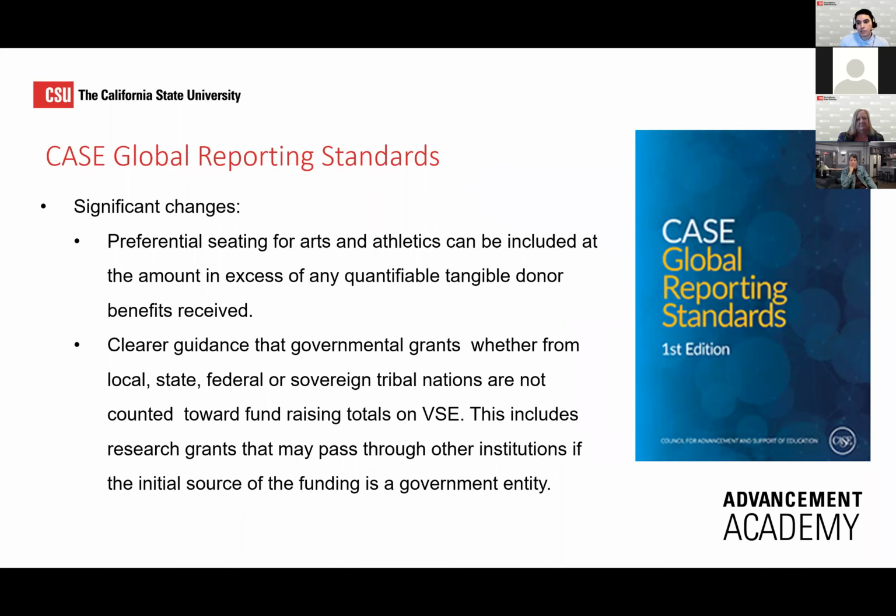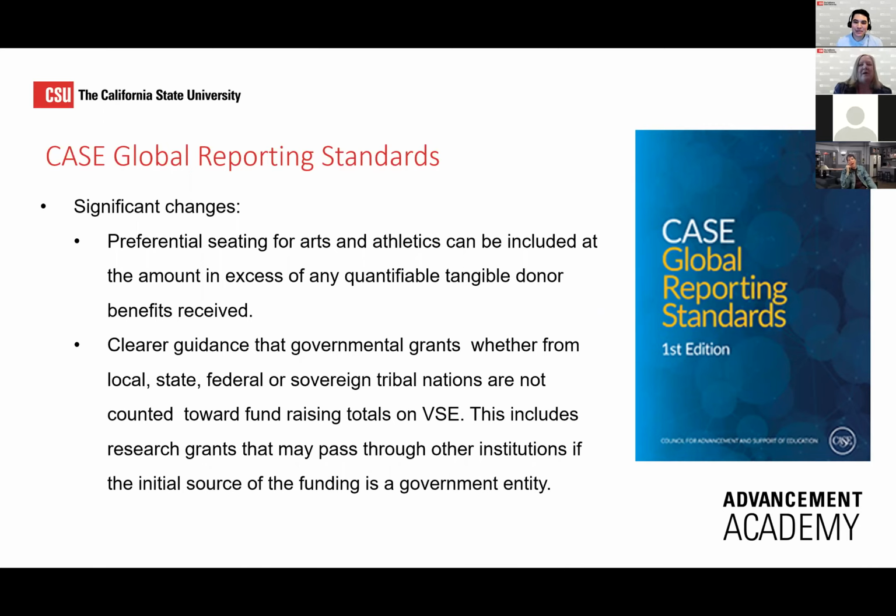So a direct message question about the preferential seating. It would be the amount of the gift minus any benefit that has nothing to do with preferential seating. So maybe I can help, Sam. Thank you.